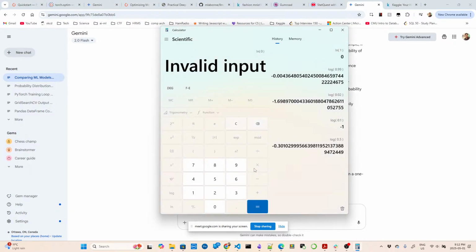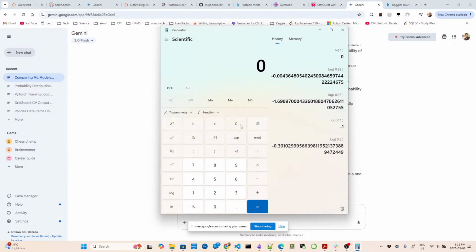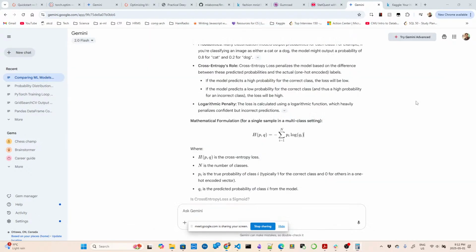Undefined. It's like dividing by 0. Log of 1 will be 0 ना. तो समझ रहा है, तो वो नेगेटिव, the effect of that will be very low if it is a correct prediction.